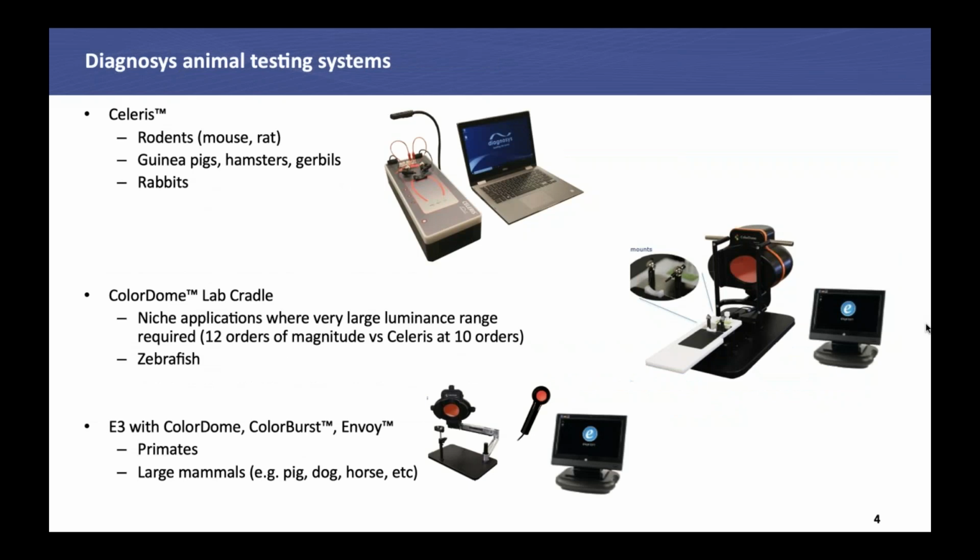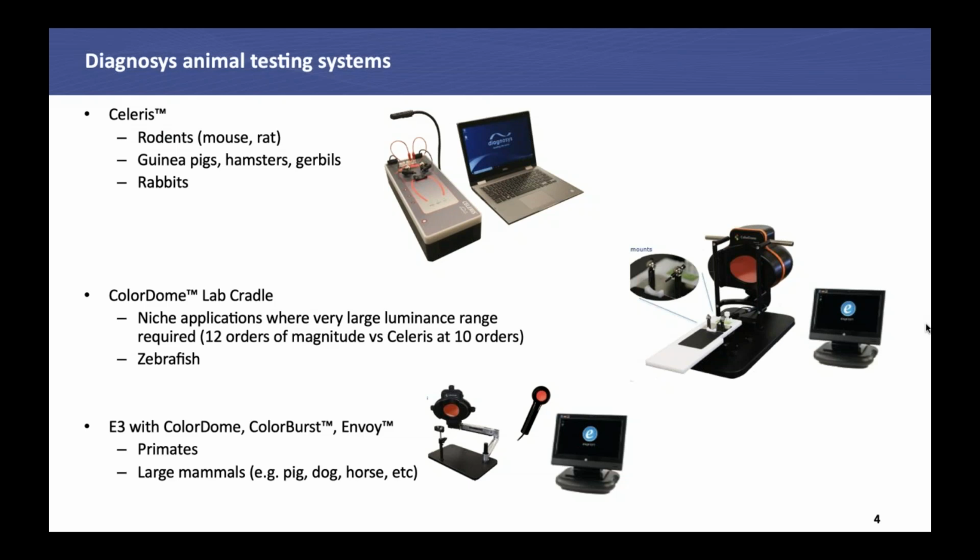Just one slide on the full set of systems that we have for animal testing. We'll talk the rest of the presentation about Solaris, but before we do that, we have a set of equipment that covers anywhere from very small mammals, which is what Solaris is designed for, rodents, guinea pigs, rabbits, etc., up through larger mammals and primates at the bottom of the page.